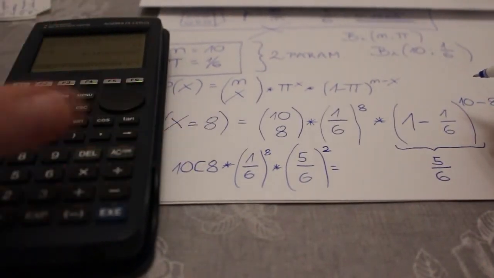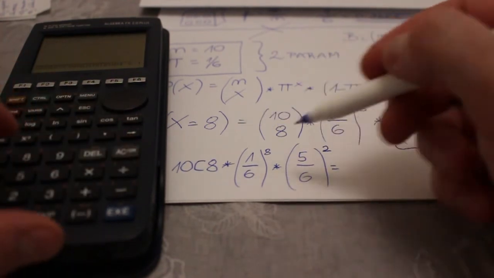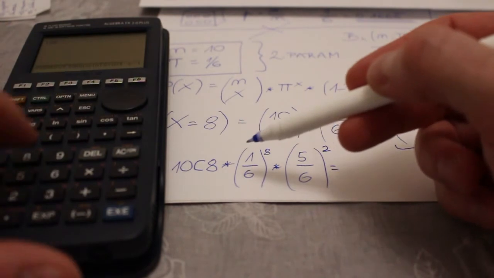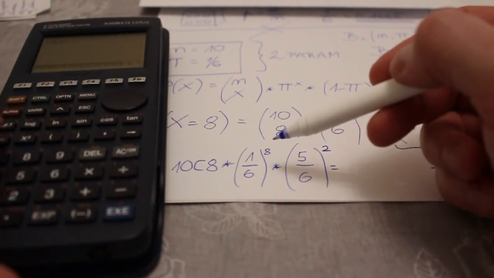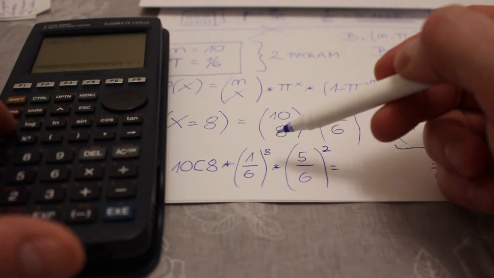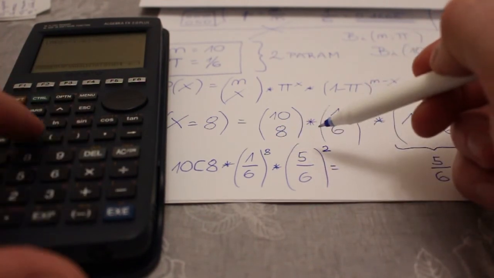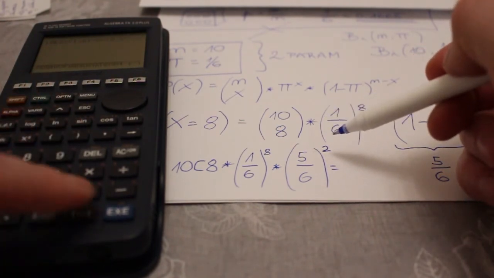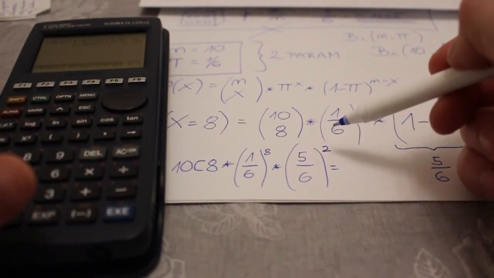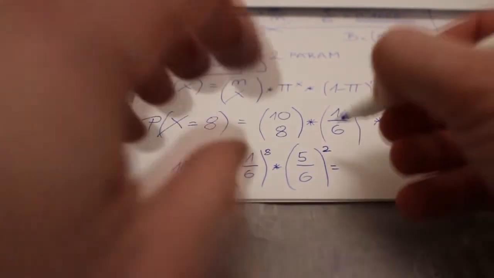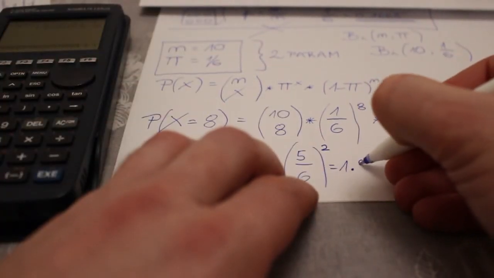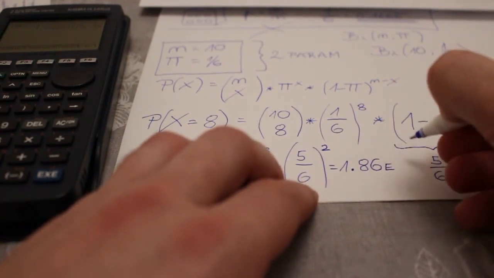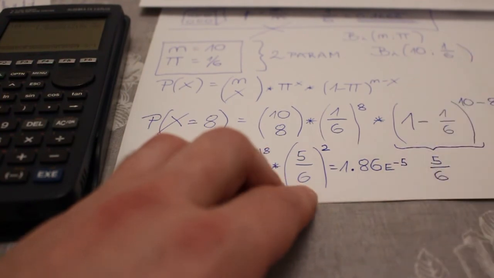Okay, so I will use the calculator and I will calculate 10 combination number 8 times 1 divided by 6 powered by 8 times 5 divided by 6 powered by 2, and the result is 1.86 exponent minus 5.